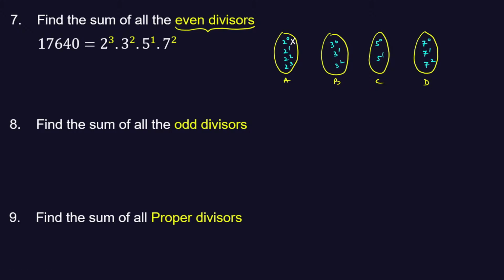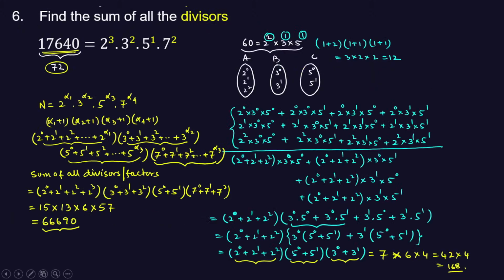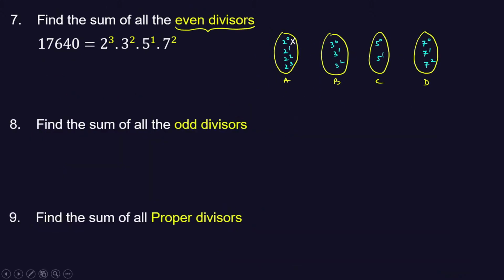So now you tell me, as we have learned in the formula, how do we find the sum of all the divisors? We have simply added in this fashion, right? Depending on the exponent of the prime. So the same thing we will do here. In this case, for 2, there are only these 3 elements to be taken. So it will be 2 to the power 1 plus 2 square plus 2 cube, into 3 to the power 0 plus 3 to the power 1 plus 3 square.